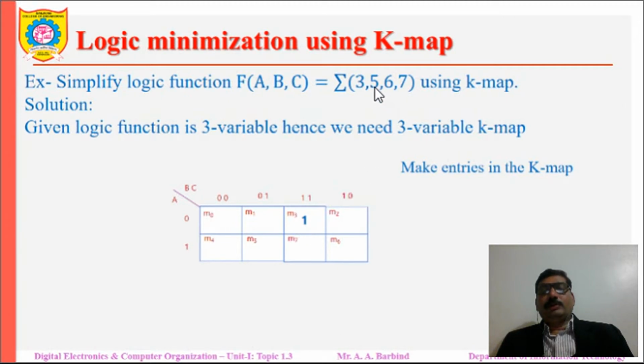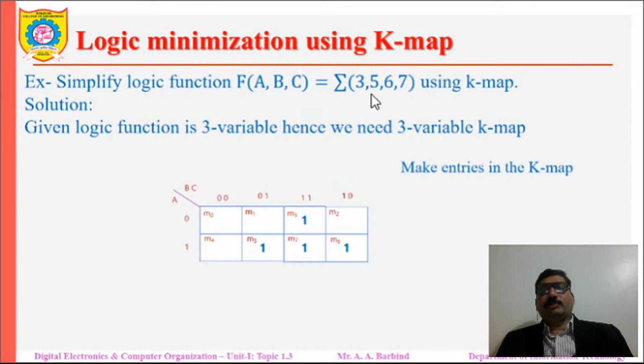Then for 5, the cell corresponding to 5 is 101, so A is 1, BC is 01, so this is the cell, and the next entry will go here. Then corresponding to 6, that is 110, it is this cell, so the entry will be 1 here, and the last one is 111, so this is the cell for which ABC are 111, so the entry is made in this table.